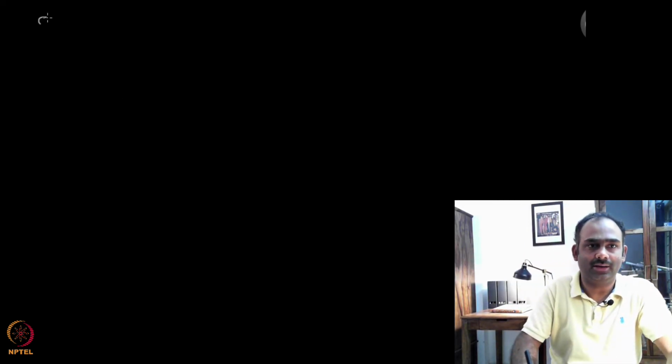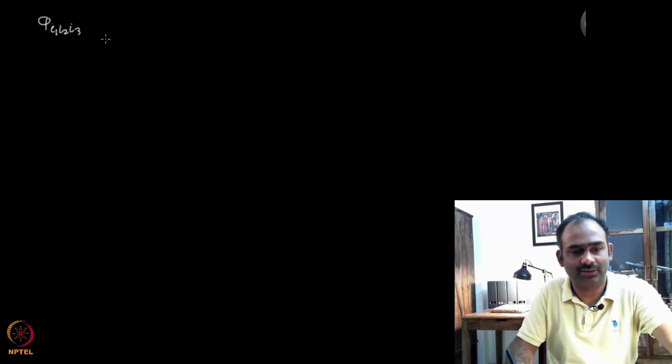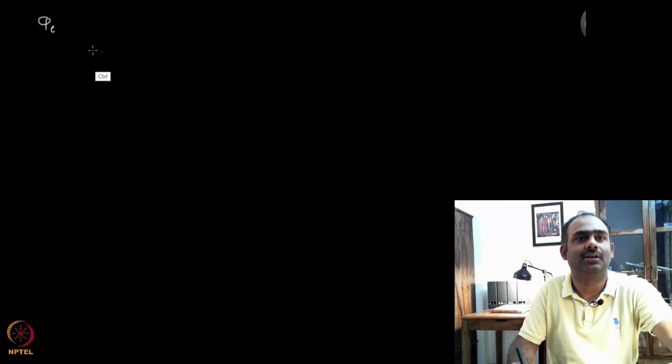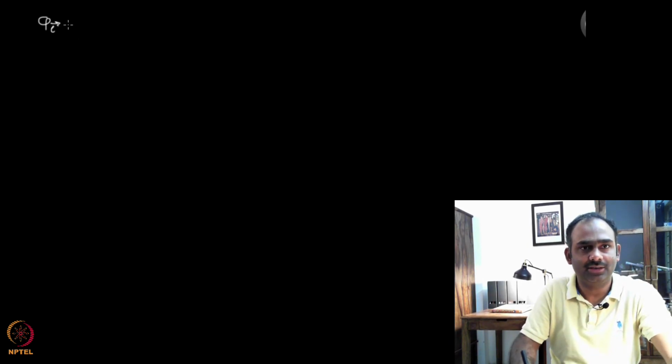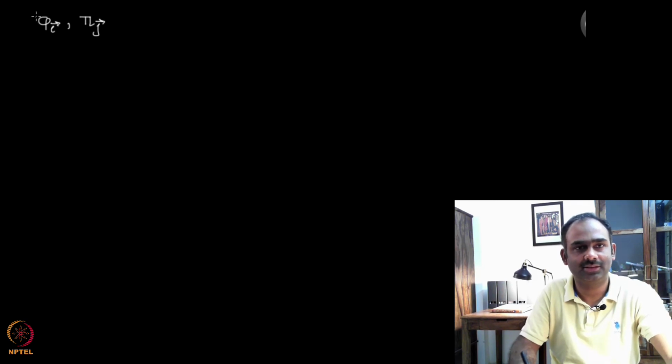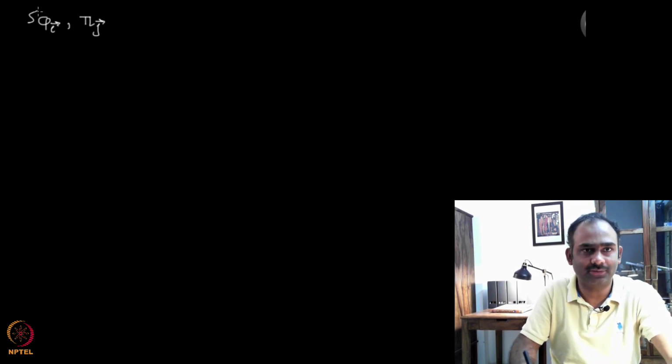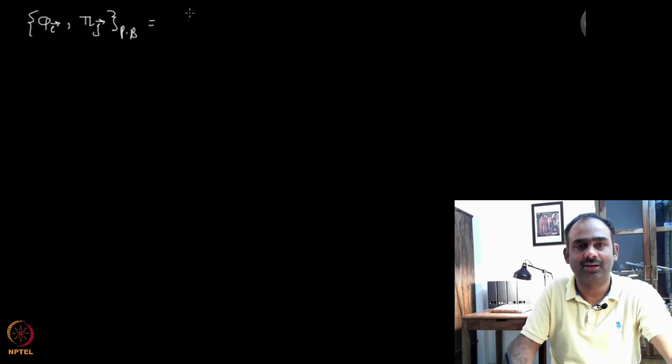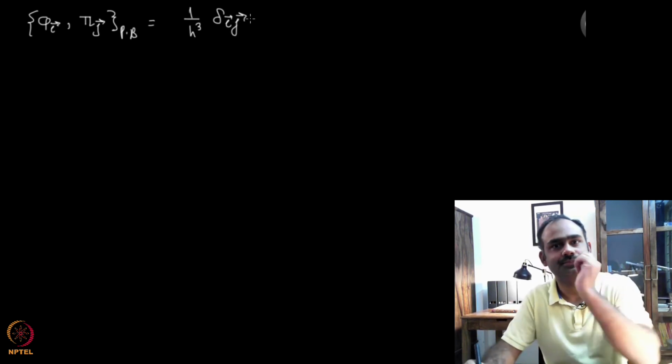Okay, so φ_i, I should have been just writing φ_i π_j, okay, simpler to write this way. The Poisson bracket is 1 over h cube δ_ij.